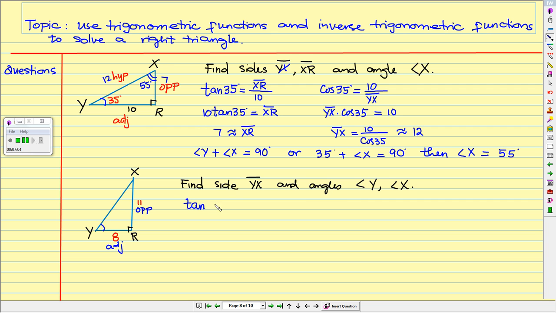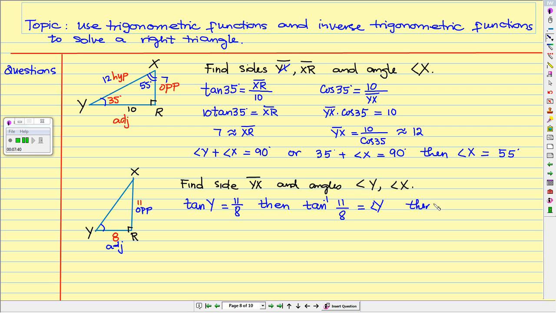So I'm going to do tangent of the angle Y is opposite divided by adjacent. Then I'm going to use the inverse of tangent. So inverse tangent of 11 over 8, or opposite over adjacent, will be my angle Y. Put it in your calculator.